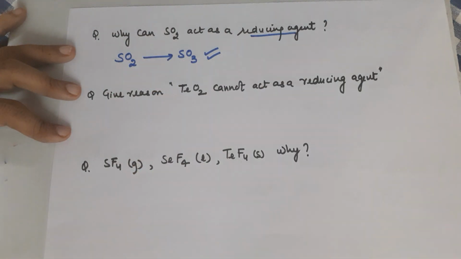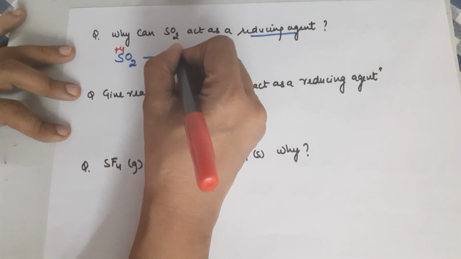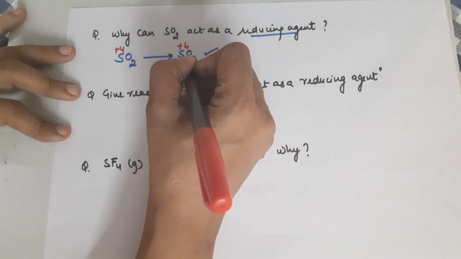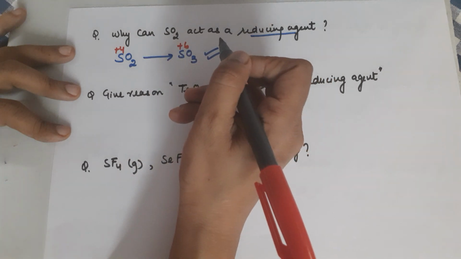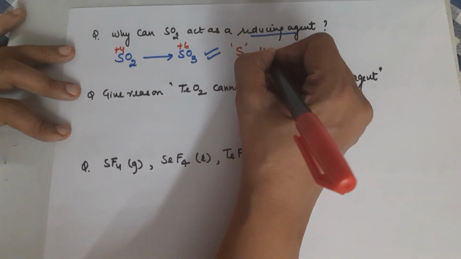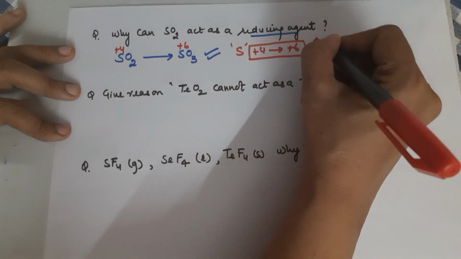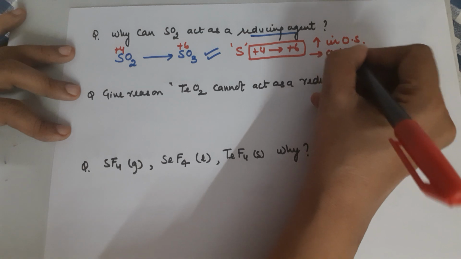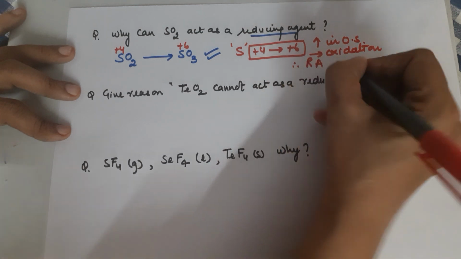And we very well know sulfur in SO2 has a +4 oxidation state and sulfur in SO3 has a +6 oxidation state, and sulfur can go to a +6 oxidation state because of the presence of d orbitals. So your SO2 can change to SO3, that is, sulfur can go from +4 to +6, an increase in oxidation state, that is, it can undergo oxidation, therefore it can act as a reducing agent easily.